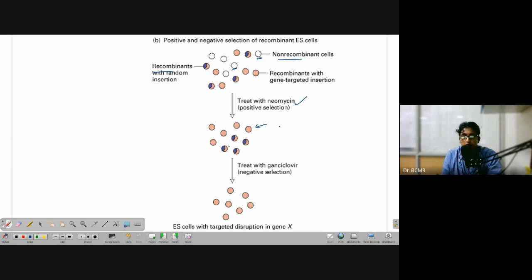So these are the non-homologous recombinants, which have the blue color indicating here the thymidine kinase gene. So when we use ganciclovir, those cells will die, and only those cells which have the transgene in the correct location between A and B, for example, will survive.